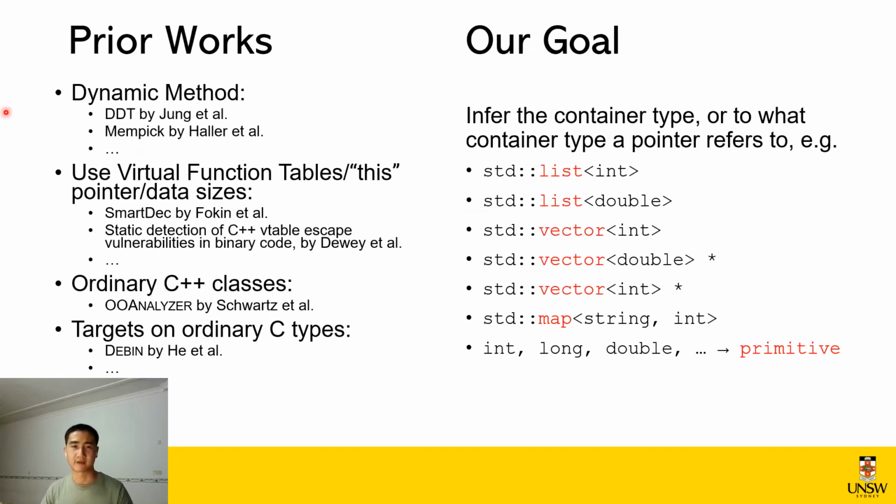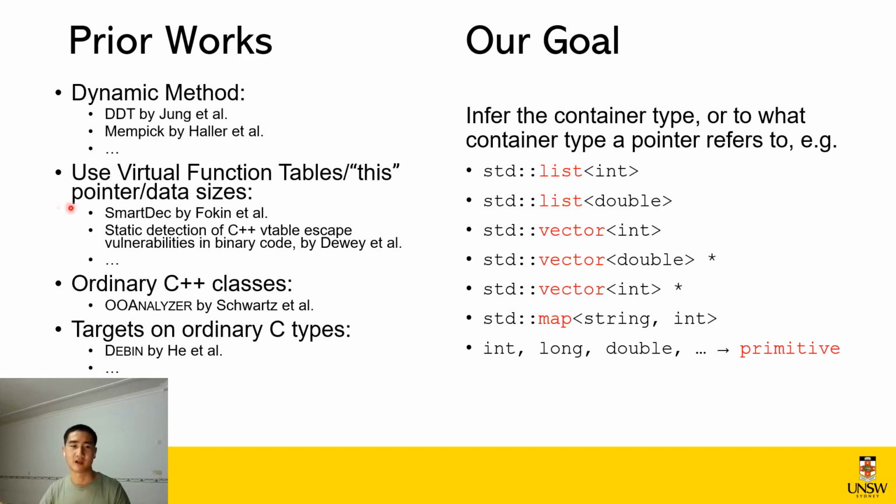Prior works exist that aim at recovering types or data structures in binary programs, but there aren't any static methods that target recovering template container types. For example, some of them use dynamic methods like DDT or MemPick.